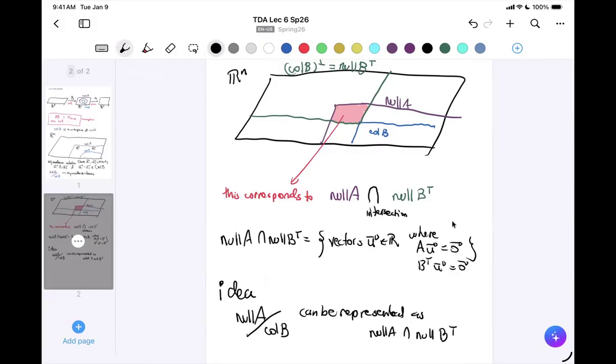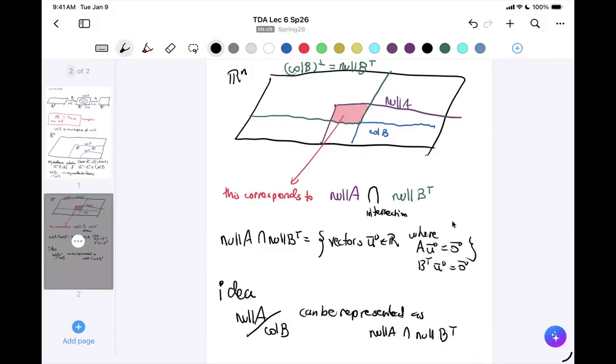You create this equivalence relation that two vectors in a null space are related if they differ by something in the column space. And those equivalence classes can be represented by the vectors in this region, the intersection of the null space with the null space of the transpose, because the null space of the transpose is the orthogonal complement to the column space.